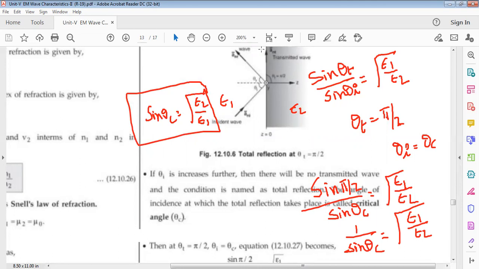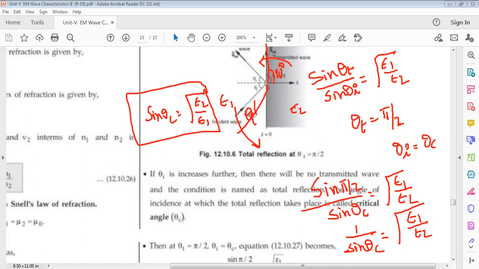You can keep increasing theta I. When theta I changes to theta C, the critical angle, then theta T changes to 90 degrees.